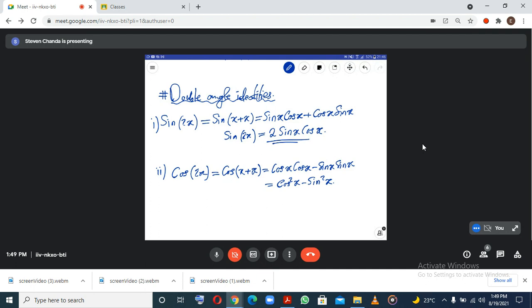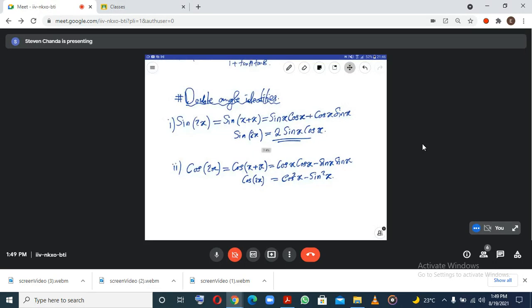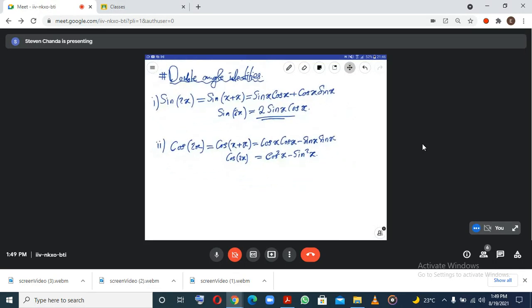Okay, so that's that, right? Then for tangent, so this is the same as, so you see there it's addition.